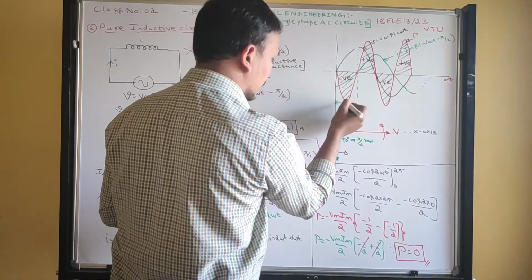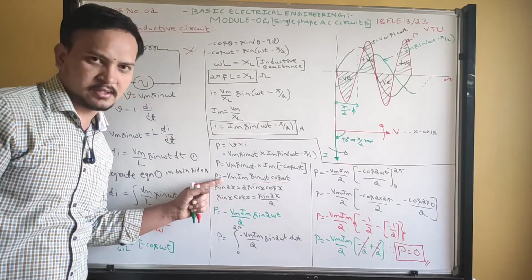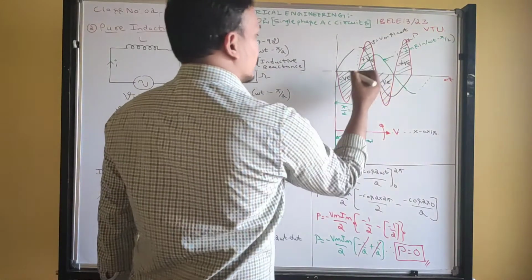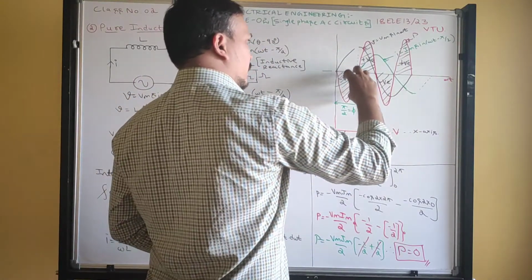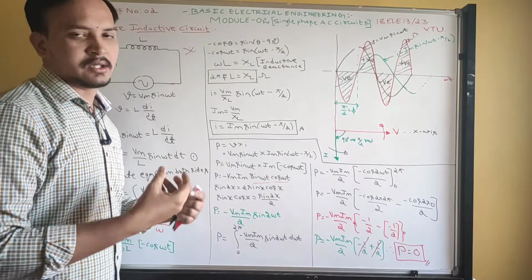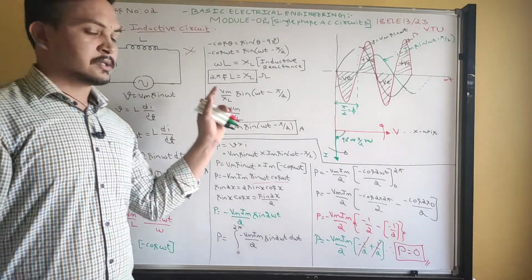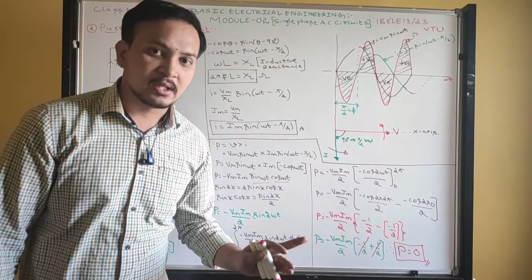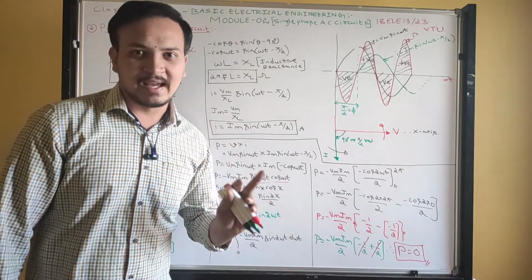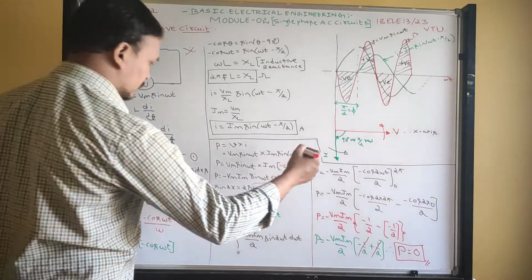Why did we get starting negative only? Because we have minus here. See now the power waveform has equal sets of positive and negative values. Therefore you will get power as 0. Pure inductor is not a power consuming device. It is an energy storing element. Remember like that. So we covered all these things.